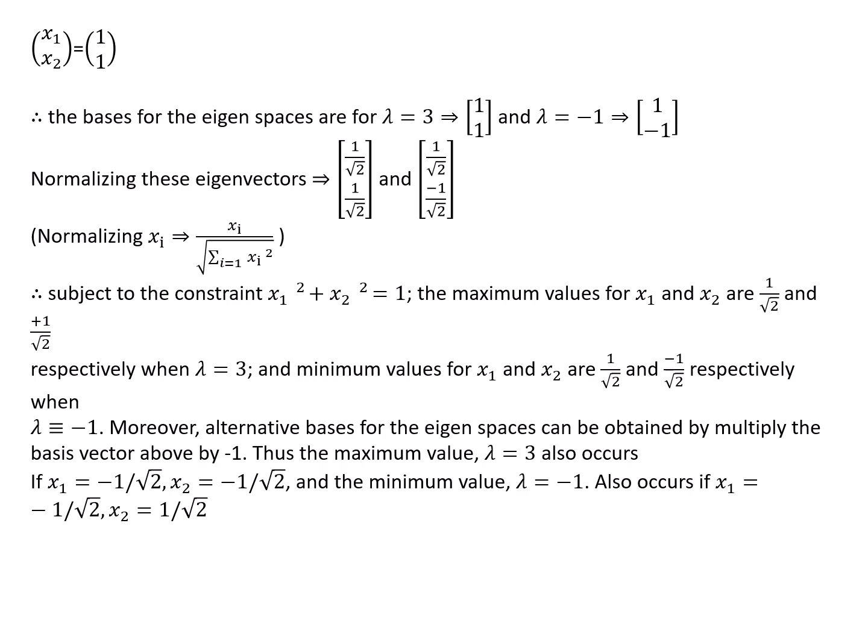Thus, the maximum values of lambda occur if x1 is equal to minus 1 over root 2, then x2 equals minus 1 over root 2. Already you have it as 1 over root 2, then 1 over root 2. So the difference is that negative will affect the value, and vice versa for lambda equals minus 1.